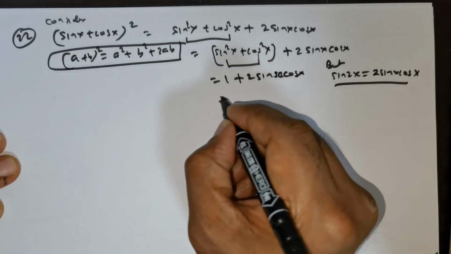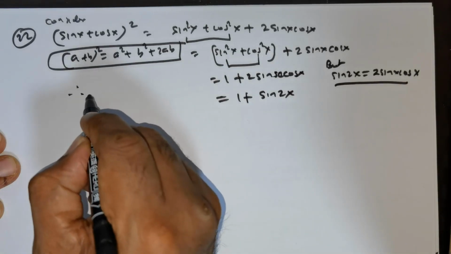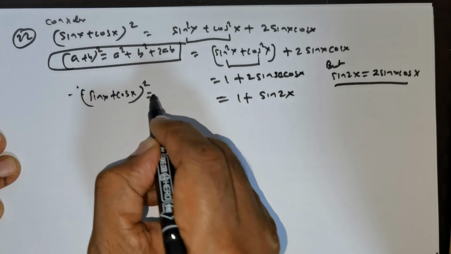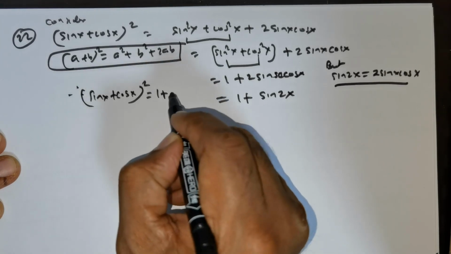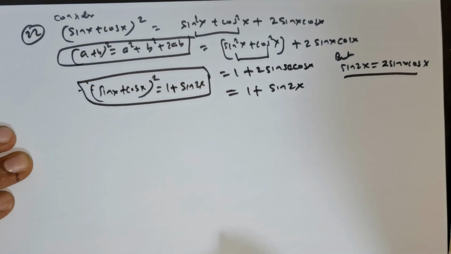So that would mean this can be rewritten as 1 plus sine 2x. Therefore, sine x plus cos x raised to the power of 2 is giving us 1 plus sine 2x. That is a nice identity.